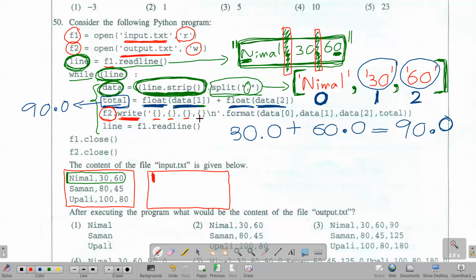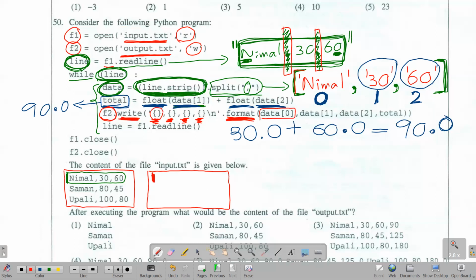Places where things can be put. And those placeholders work with the function called format. Format is the function which defines what things are going to be assigned to these placeholders. So it says data 0 for the first placeholder. Data 0 means what?